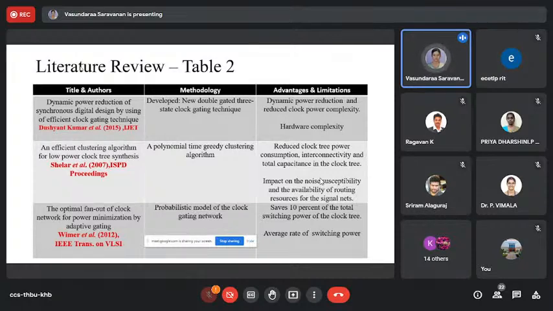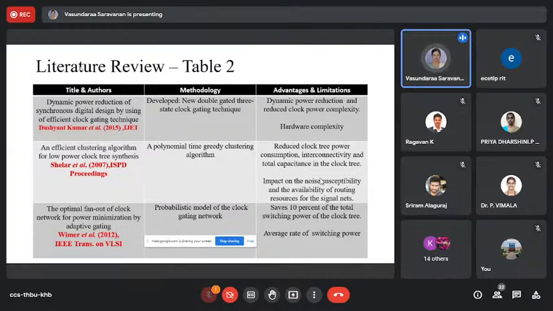An efficient clustering algorithm for lower power clock tree synthesis. The method is a polynomial time greedy clustering algorithm. Advantages are reduced clock tree power consumption, interconnectivity, and total capacitance in the clock tree. Disadvantages are impact on the noise susceptibility and the availability of routing resources for the signal nets.